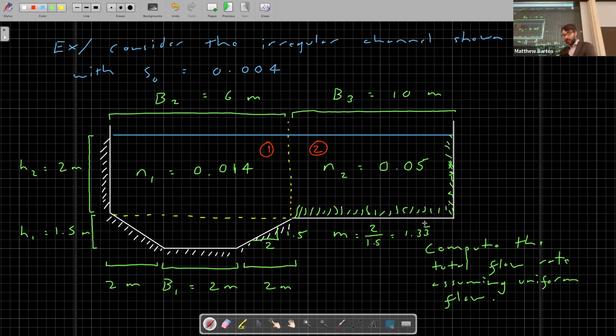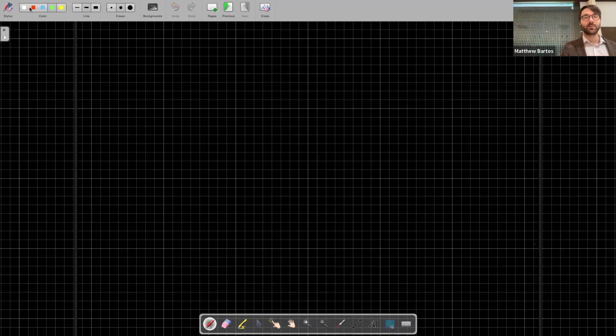So let's go ahead and try computing the discharge. I'm going to look at section 1 first, and let me write out all of our dimensions here. We have B1, the width of the bottom part of the trapezoid, which is 2 meters.